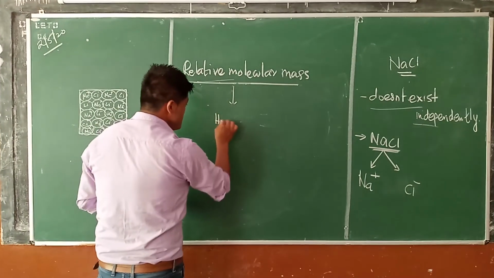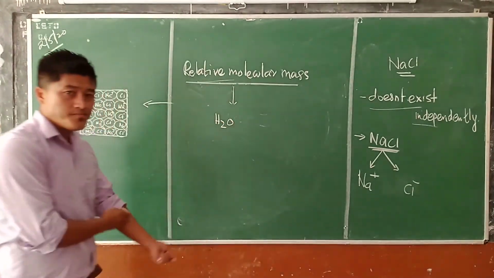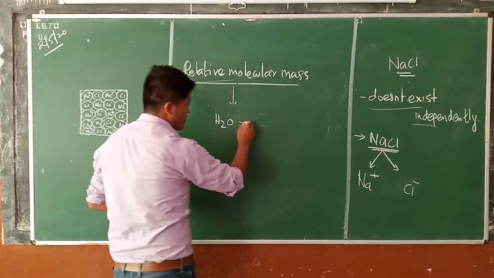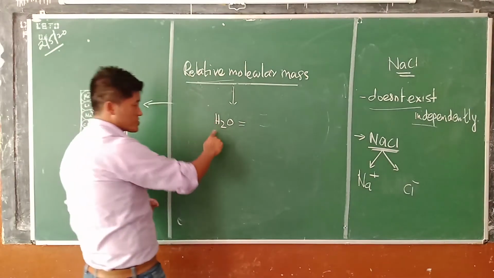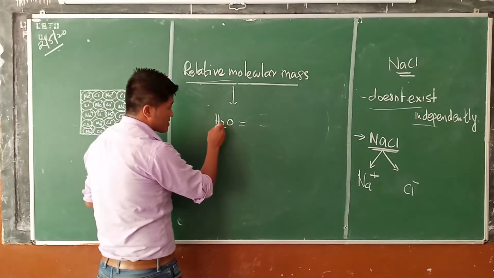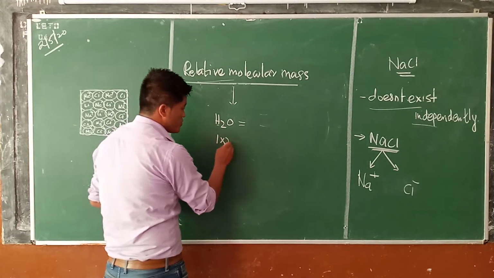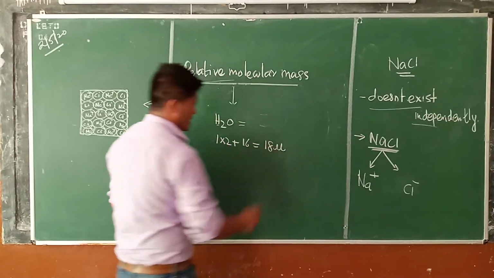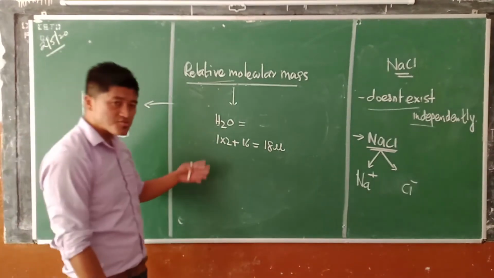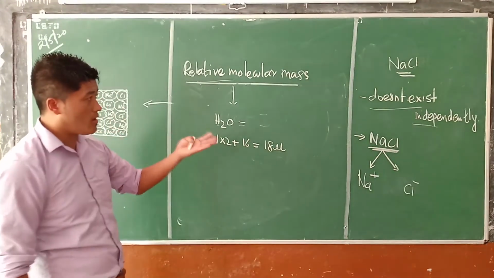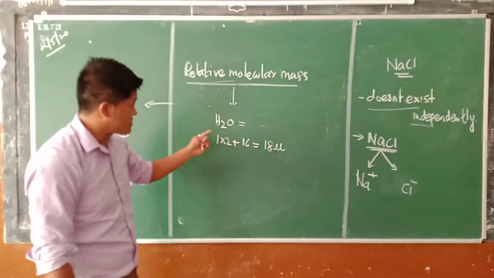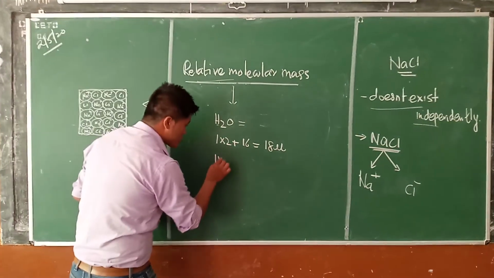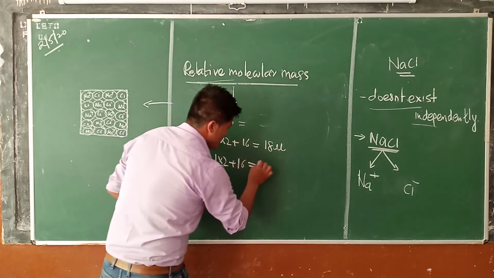Now if you try to find the relative molecular mass of water, it comes out to be the mass of hydrogen, 1 into 2, plus oxygen, 16. This comes out to be 18 mu. Understand? And if you are asked to find the formula unit mass of this particular compound, that is the molecule over here, it is again 1 into 2 plus 16, that is 18 mu.